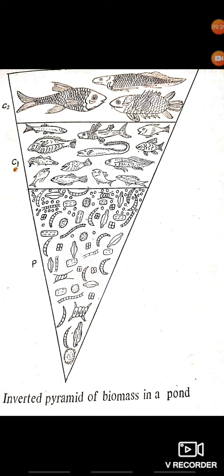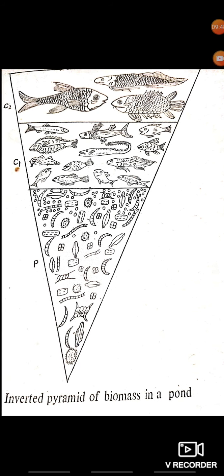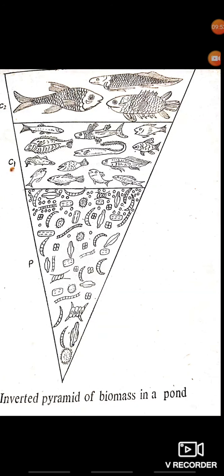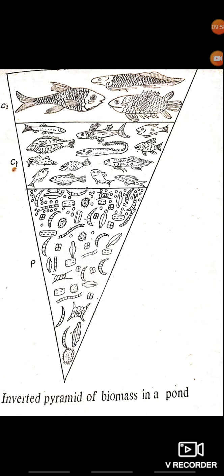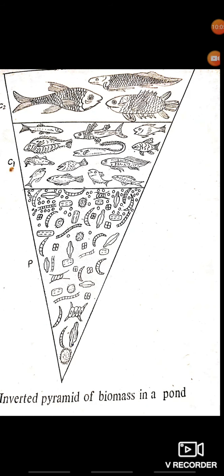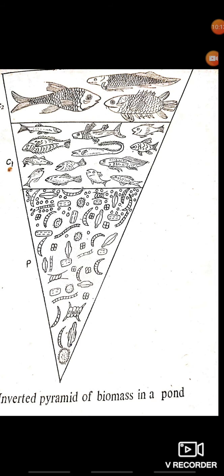Then the pyramid of biomass can also be upright, and it can also be inverted. And then the pyramid of energy. This pyramid of energy is always upright. So this was all about the pyramid of energy.